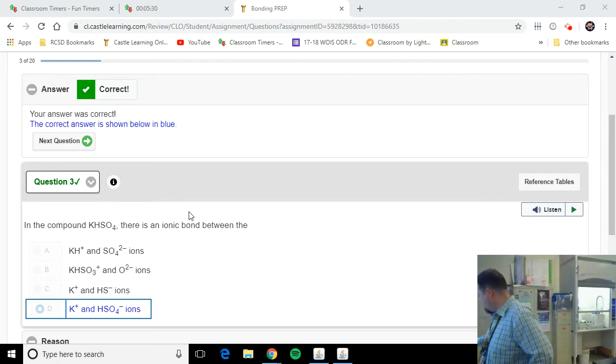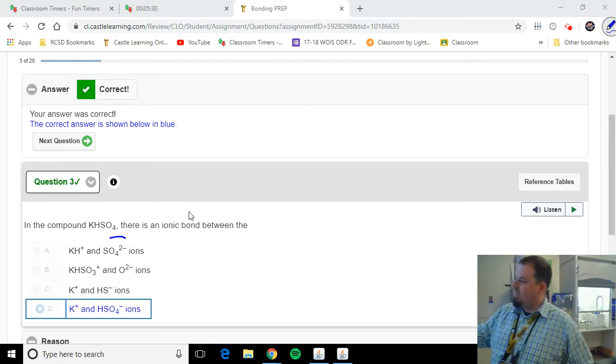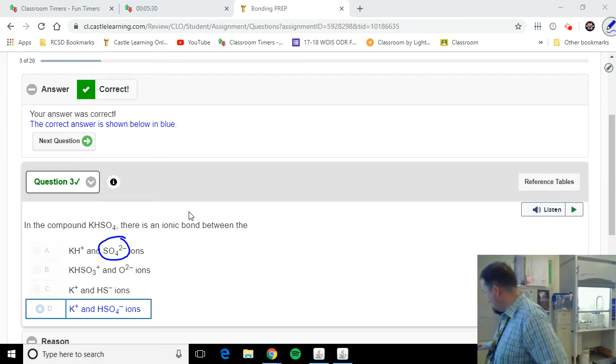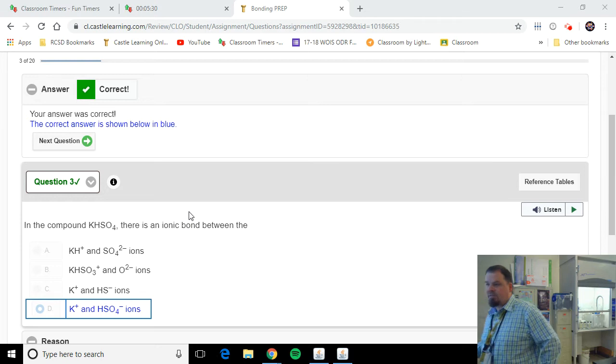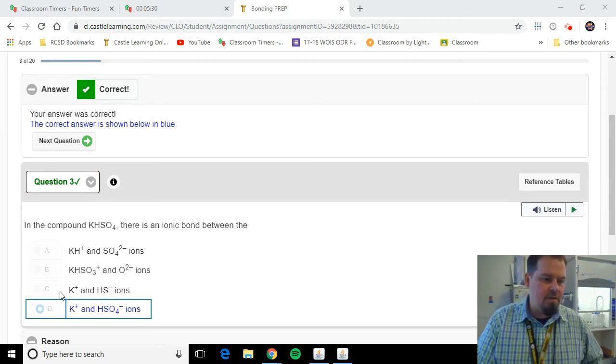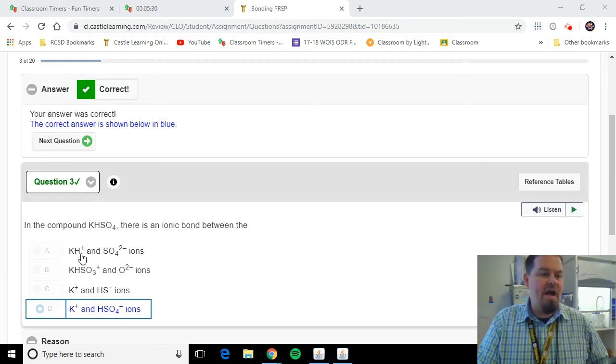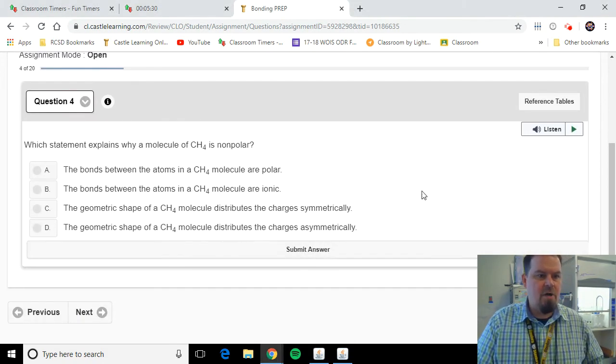And so that's where there's another trick in this, is that SO4 right here is a polyatomic ion, but you need to know that H plus on the K is the problem, because H and K and H plus are ionically bonded. So they aren't going to ionically bond to this. That's just not how it works. The metal bonds to the polyatomic ion. Okay. Next, a question.